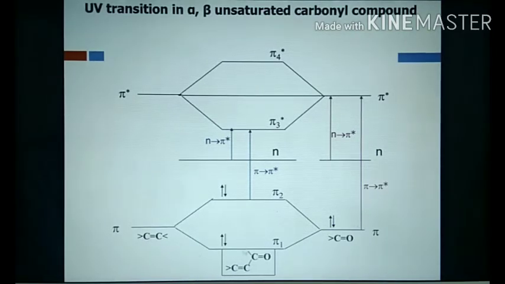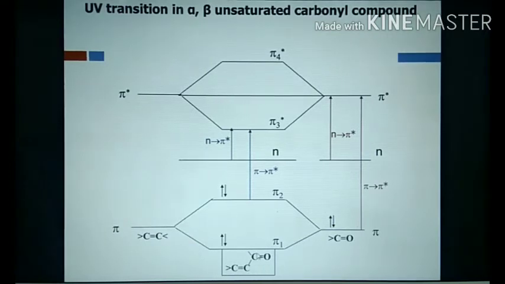Now alpha beta unsaturated compound is nothing but the summation of this ethylene and this carbonyl compound. You can see here, isn't it? So this is pi bonding molecular orbital of ethylene, this is pi star antibonding molecular orbital of ethylene. You can see here carbonyl compound with the pi bonding molecular orbital and pi star antibonding molecular orbital. So whenever these two molecules combine together, it forms alpha beta unsaturated carbonyl compound. This is alpha position, this is beta.